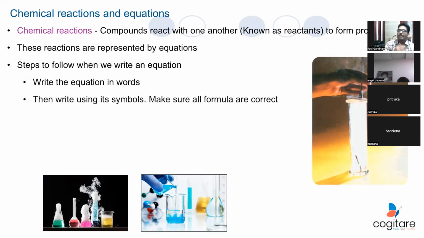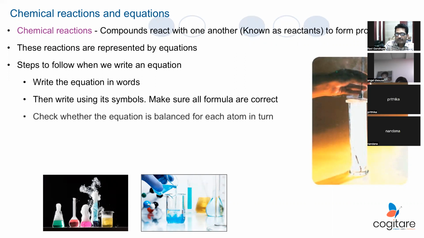And then write the symbols and the formulas of the reactants and the products. Then the third step is you need to check whether the equation is balanced or not. And you know why it should be balanced, because it completely depends on the law of conservation of mass.